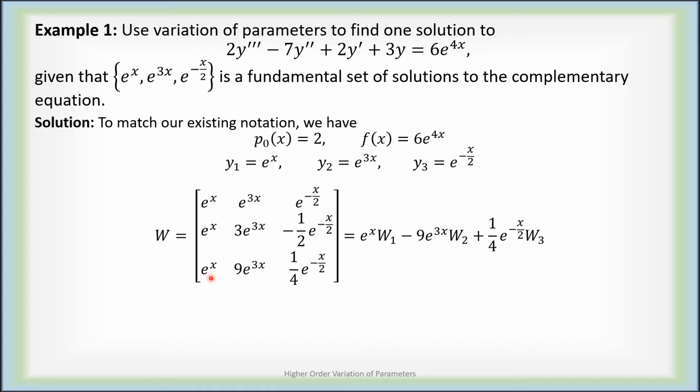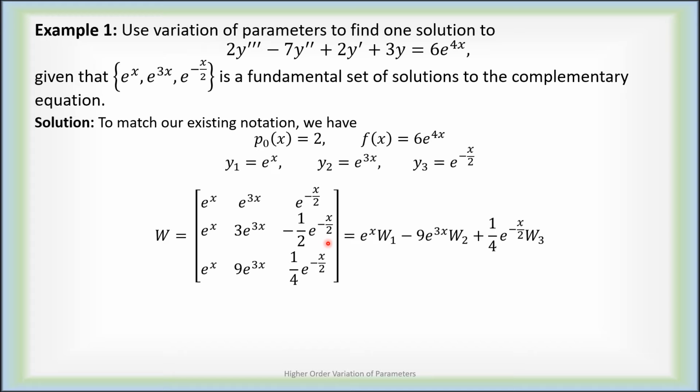I'm just going to expand along the bottom row. Why am I expanding along the bottom row? Well, let's keep track of plus versus minus 1. You always start with a plus 1 in the upper left. This would be minus 1, so down here is a plus 1 again. So I extract e to the x times the 2 by 2 matrix formed by striking out that row and column.